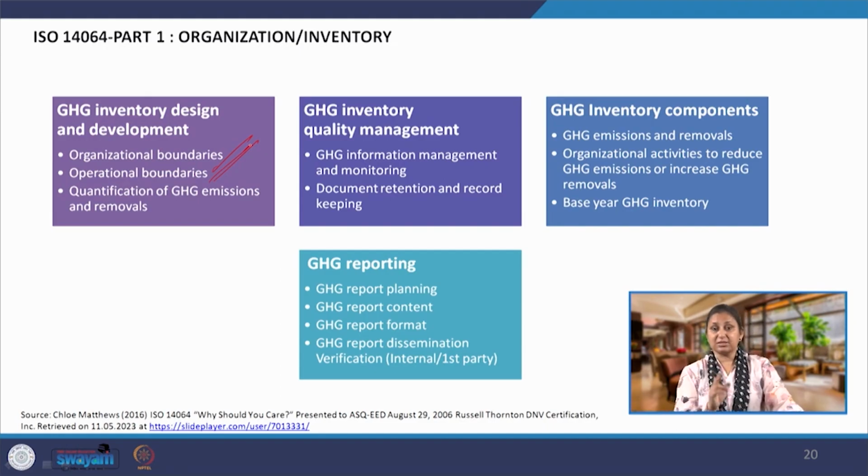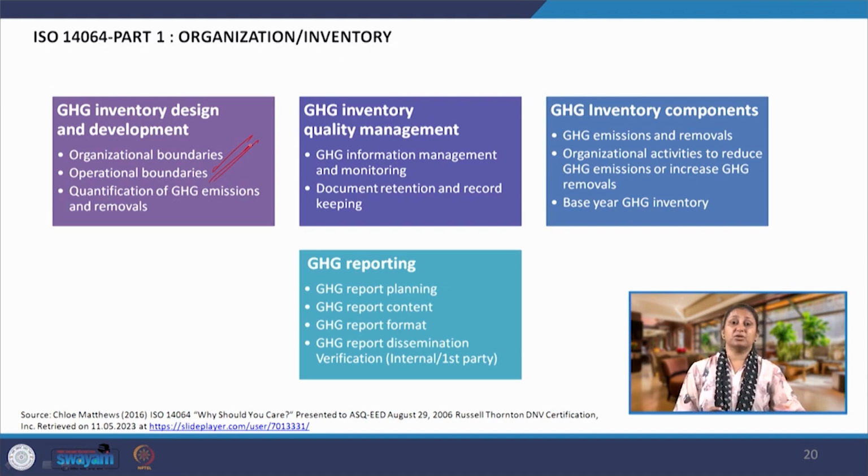Now, if you remember distinctly, we had the GHG Protocol where under certain standards, for example, the corporate standard and the mitigation goal standard, we were not talking about the removal projects, the sequestration projects. But here, as part of 14064, when we are talking about the organization as well as the inventory, we are looking at the removals also. So, not just reduction of emissions, but also the removals within the organization and the operations.